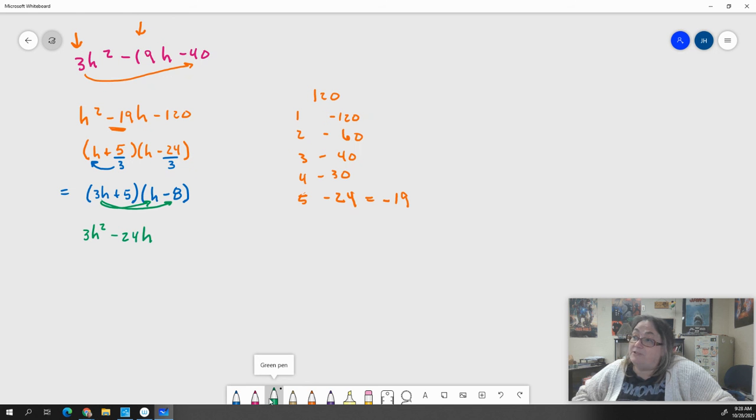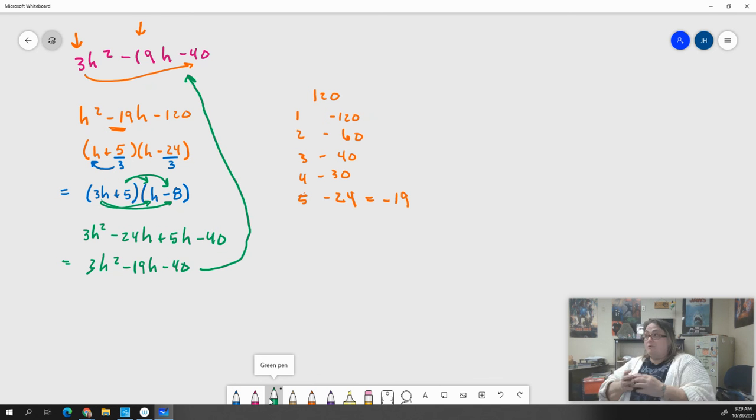We've played out the 3h, so we're moving over to 5, and we'd have 5 times h is plus 5h. And then we'd have 5 times negative 8, which is negative 40. And then when we combine these like terms here, we would wind up with 3h squared minus 19h minus 40, which takes us back. Sorry, I said 3 and wrote 2. Takes us right back to our original problem.